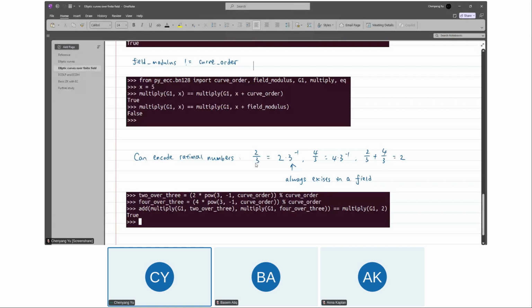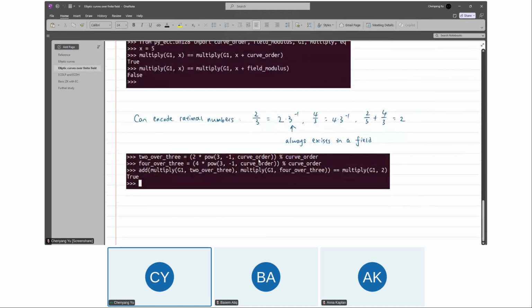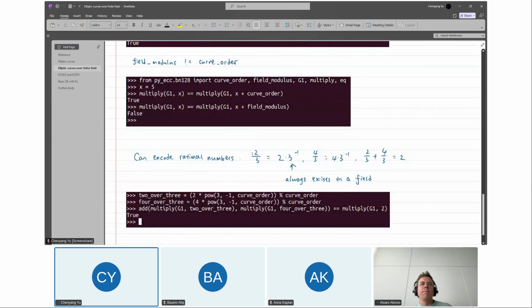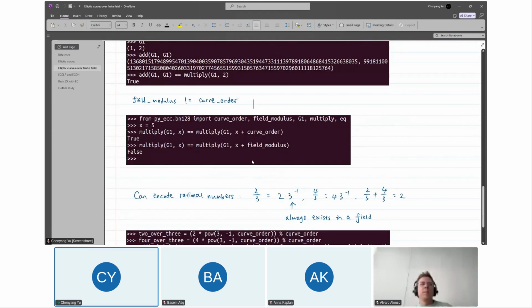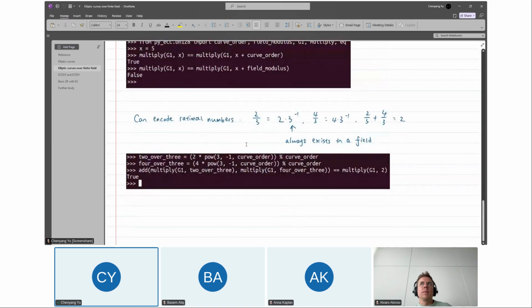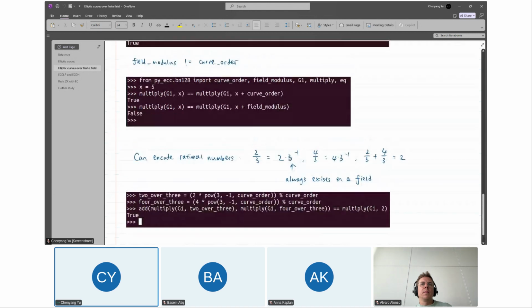One interesting property here is you can actually encode rational numbers. Think of a field: by definition of a field, everything other than 0 has an inverse. So you can always find an inverse of 3. If you want to encode a rational number, 2 over 3 is 2 times 3 inverse, and 4 over 3 is 4 times 3 inverse.